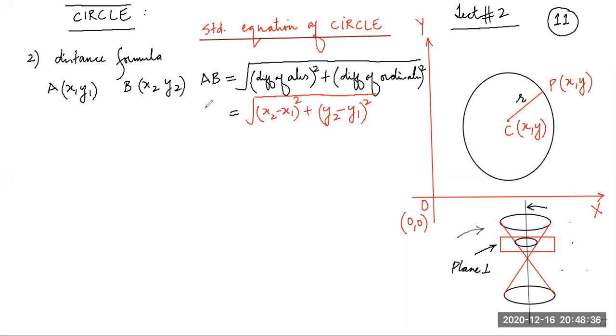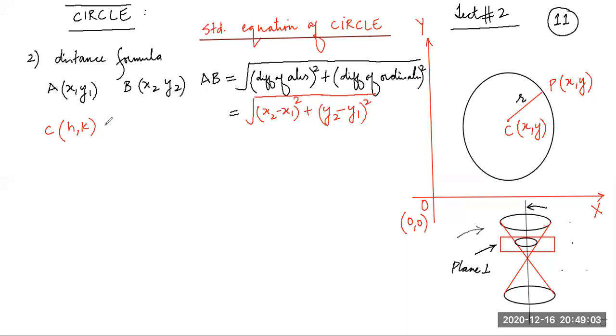Now, students, we are going to define the standard equation of a circle, right? So we will imagine C as the center of the circle, with coordinates h and k.